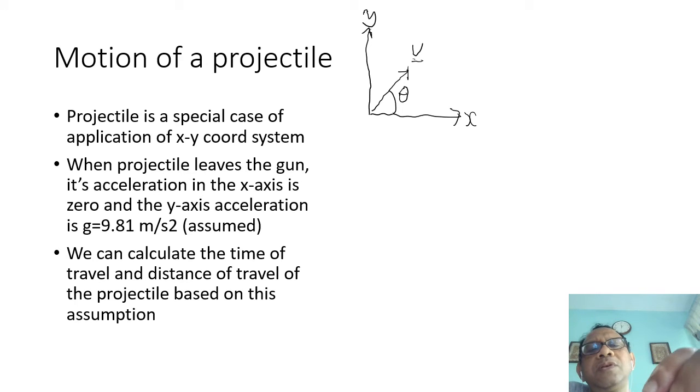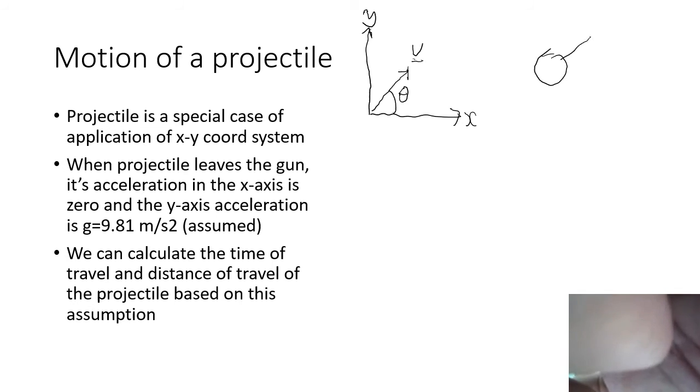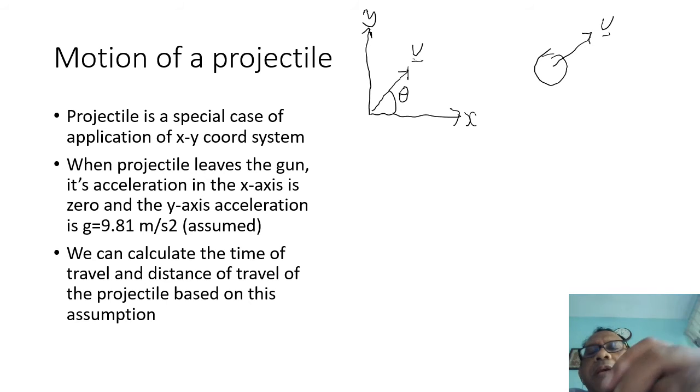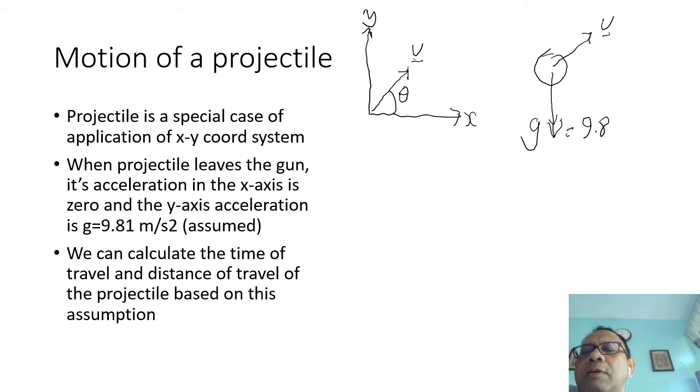So this is what we assume, that when the projectile is traveling, it has a velocity v, and it has an acceleration due to gravity. I'll use a double arrow here to indicate that g is always directed downwards, and we can take it as 9.8 meters per second squared.